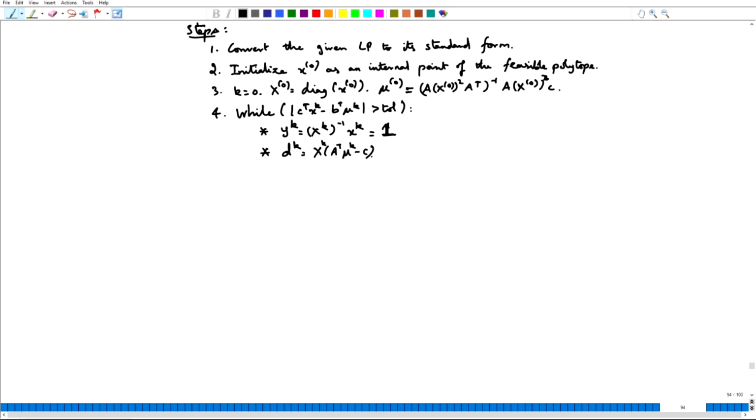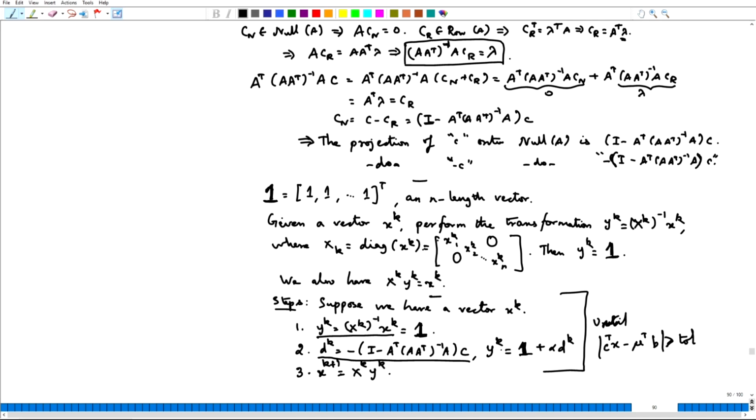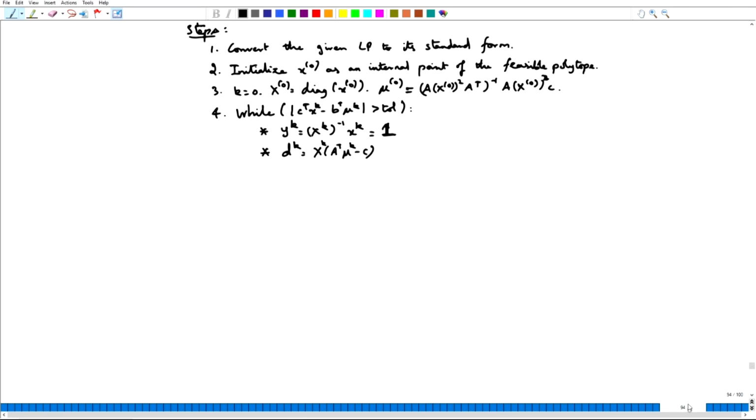Okay, now if you go back, you can see that I have written yk equal to 1 plus alpha k dk, and I told you that alpha k we will see about a little later. So we will do that now. So, yk plus 1 is yk, which is 1, so 1 plus alpha k dk, but what is alpha k? How do I choose alpha k?